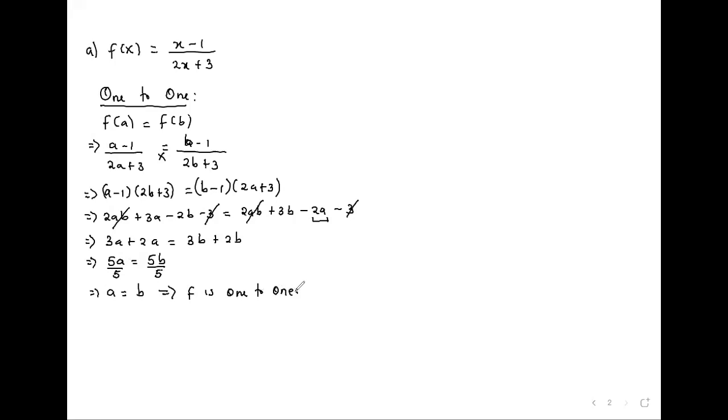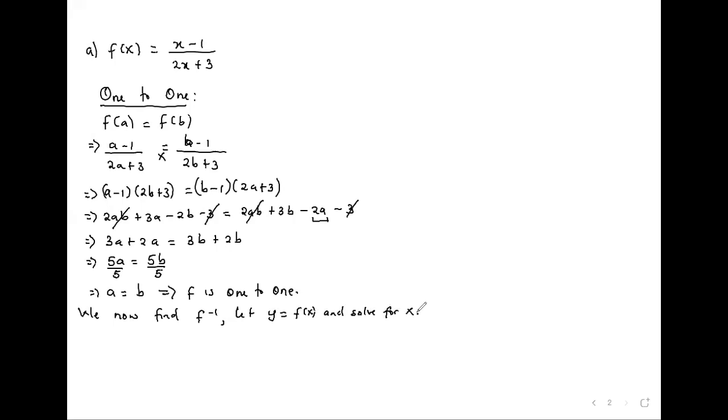We're remaining with one thing to check, if it's onto. To check if it's onto, we get the inverse. So we now find f inverse. So we let y be equal to f of x, and solve for x.